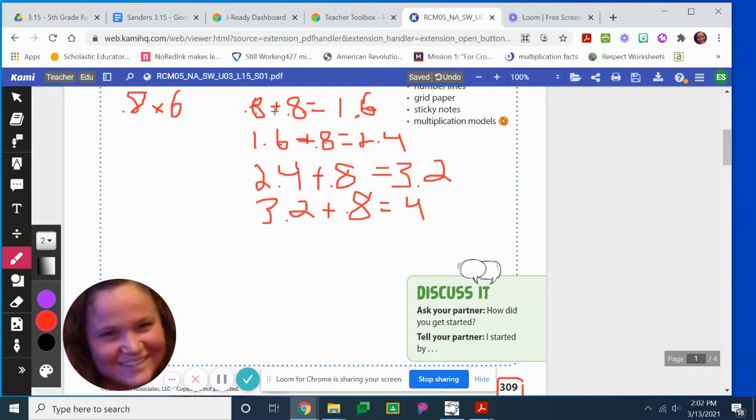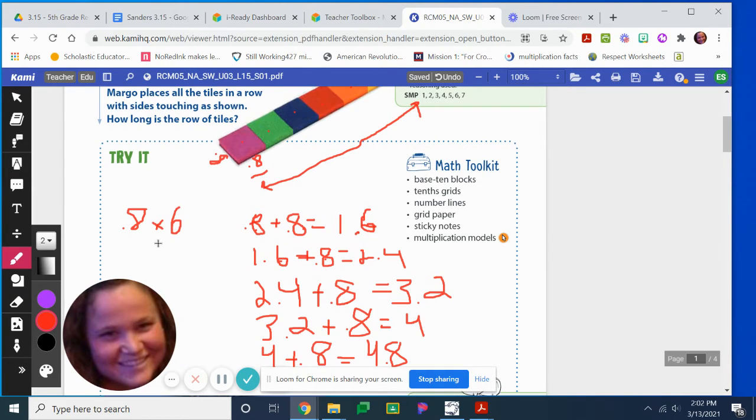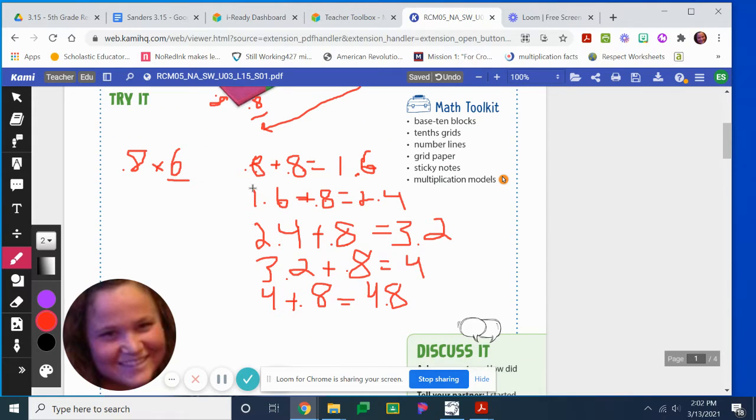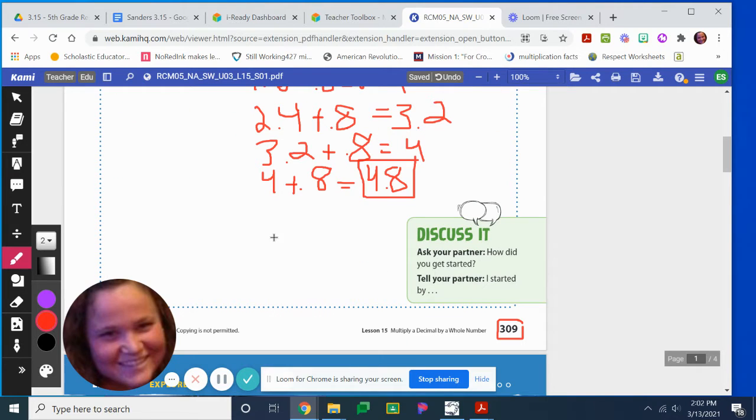And then I can do another one. 1, 2, 3, 4, 5. One more. So 4 plus 0.8 equals 4.8. I'm going to check and make sure I've got 6, because I'm supposed to do this 6 times. 1, 2, 3, 4, 5, 6. My answer is 4.8.